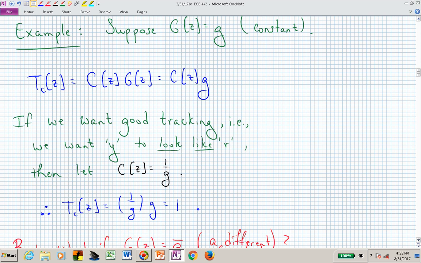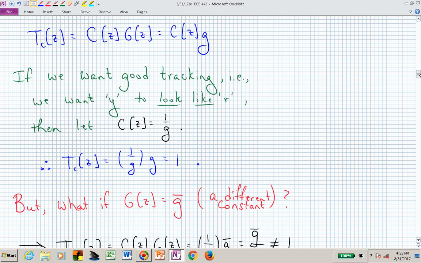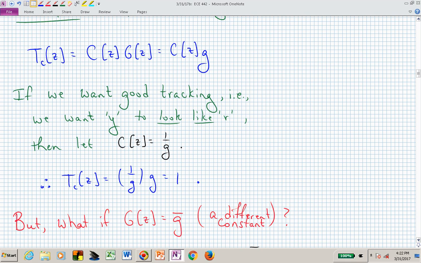And making it 1 is possible if we allow our controller, capital C of Z, to just be the inverse or the reciprocal of the plant itself. And in this particular example, we're just saying, assume a very trivial plant where that plant is just a constant G.